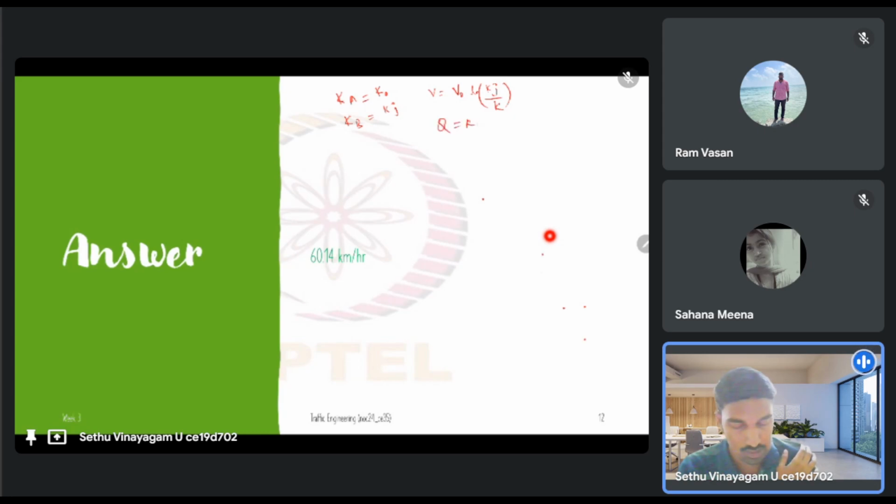Q is equal to K V, which is equal to V0 K into log of Kj by K. So we just multiplied V with K and then we got the equation for Q.